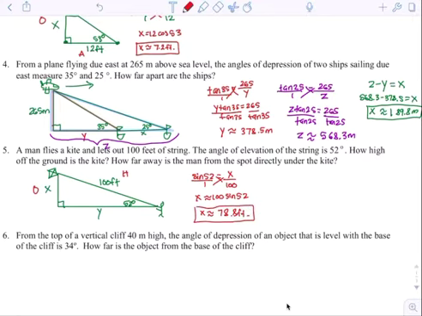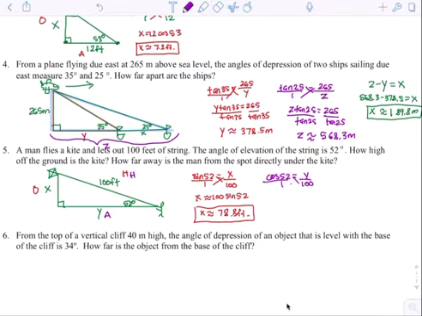Nice. Now let's do the y. Okay, this is adjacent, and here's a hypotenuse, so cosine of 52 is going to equal adjacent over hypotenuse.